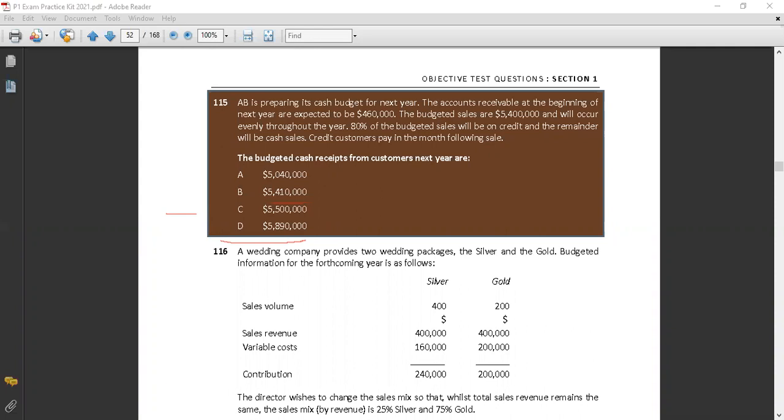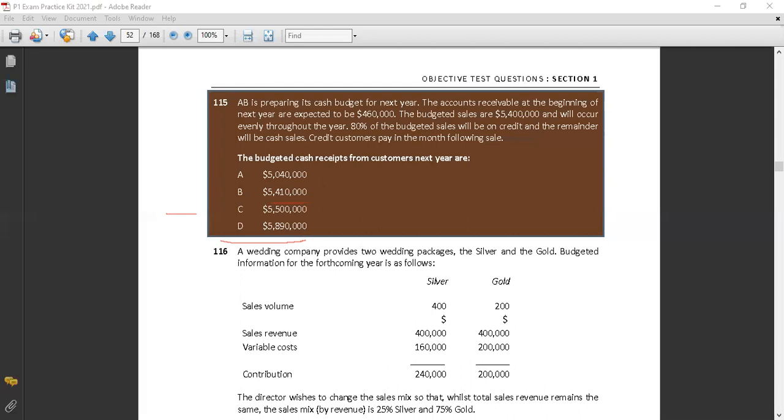The budgeted cash receipts from customers next year are... So the budgeted sales are 5,400,000, and if they occur evenly throughout the year, per month how much will the sales be? Divided by 12. So evenly throughout the year, per month sales is what we first need to calculate.